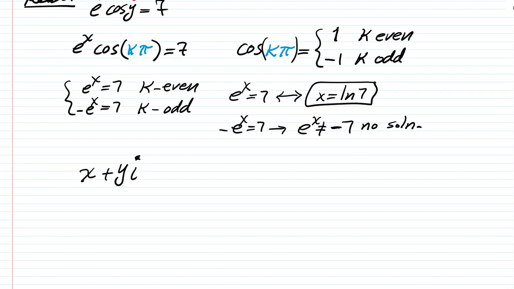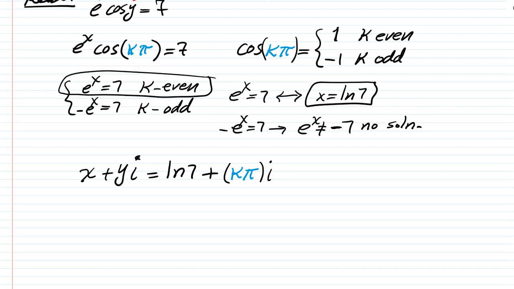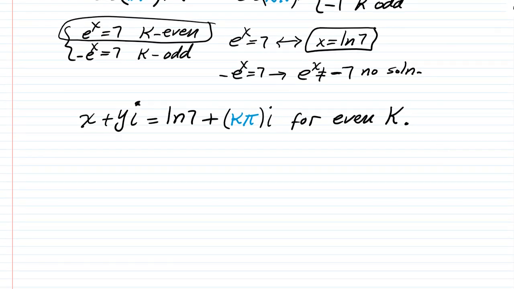We can say x plus yi, x is going to be natural log of 7 plus yi, y was k pi, wasn't it? Plus k pi times i. But the catch is this: only when k is even. For even k. Alright, in other words, you gotta go 2 pi, 4 pi, 6 pi, and so on.